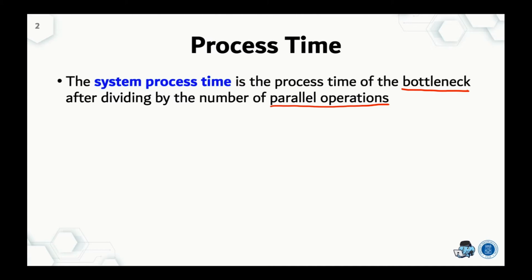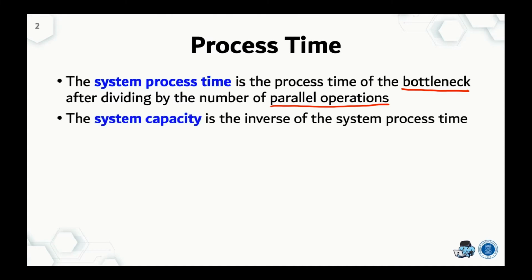This is the system process time. The system capacity, still related with the system process time, is the inverse of the system process time. So the system capacity, I write down here, is equal to 1 divided by system process time.